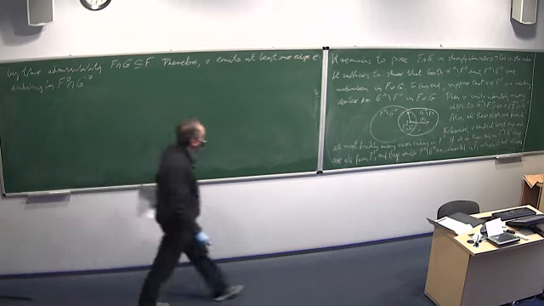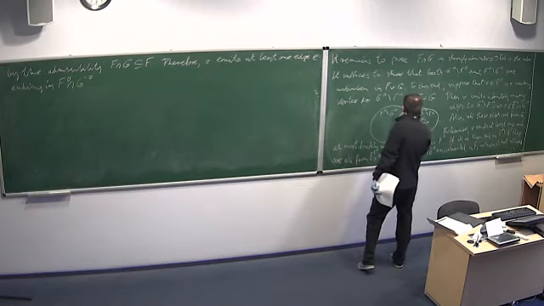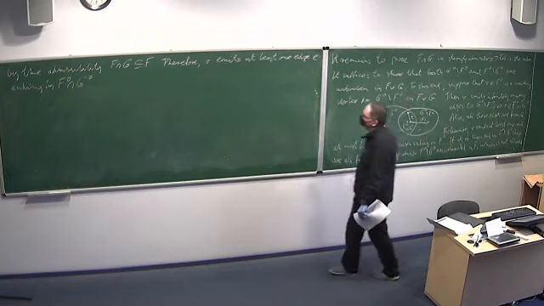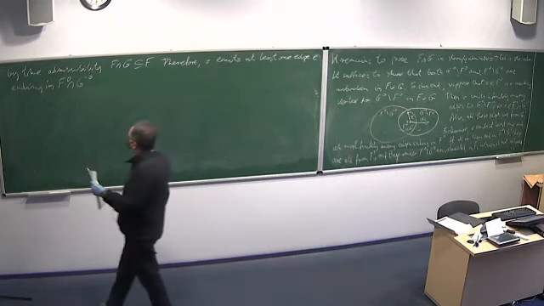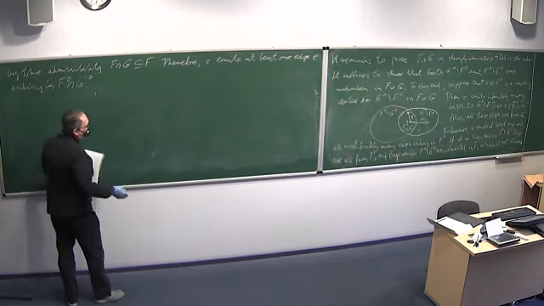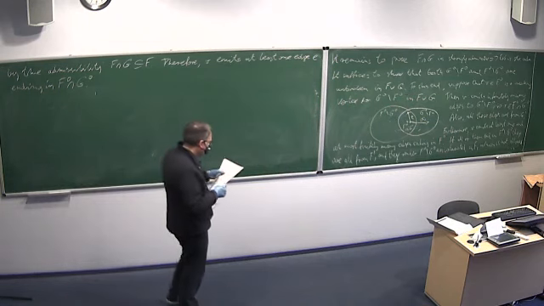So this is my favorite edge E, and I repeat, it can be a loop. It's not important. If it's a loop, it still ends in F naught intersect G naught. Okay?